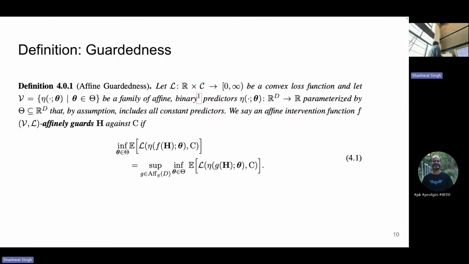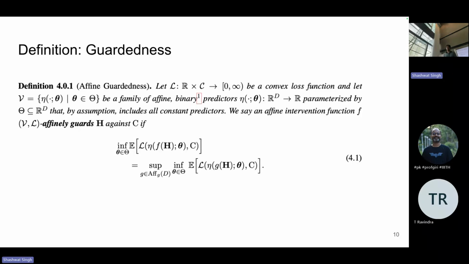So we are talking about affine guardedness, which is this Wx plus b. We are saying that a function f is guarding with respect to a particular concept C. From now on, I will be assuming that C is a binary attribute, so C could be small c and small c dash, two classes.